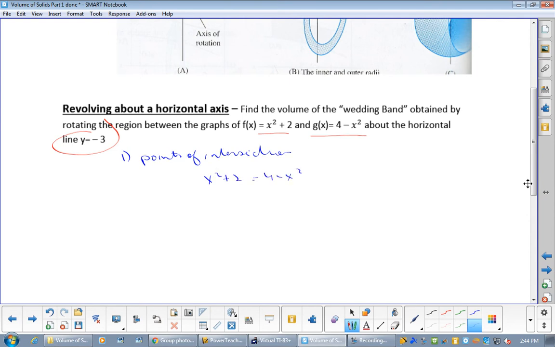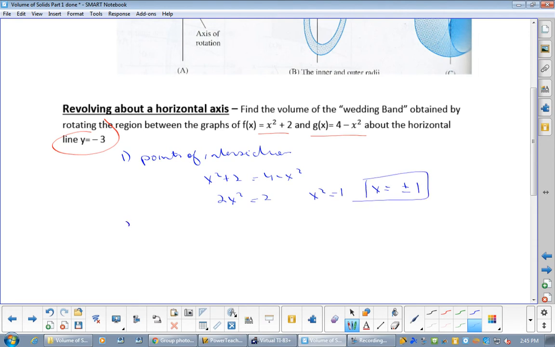So you're making f of x equal g of x. That's going to be 2x squared. If I bring -2 to the other side, equals 2. Then we divide by 2 on each side. I'll get x squared equals 1, so x equals plus or minus 1. Those will be our 2 points.